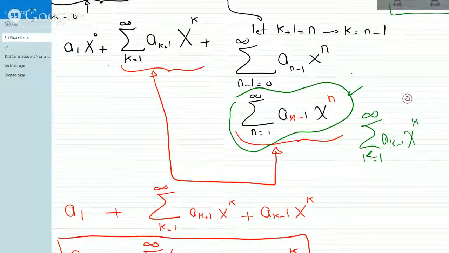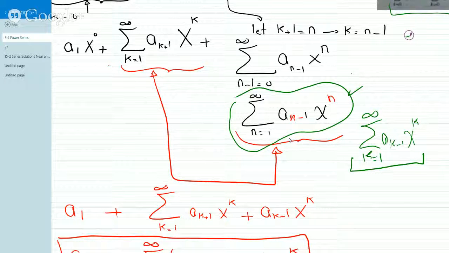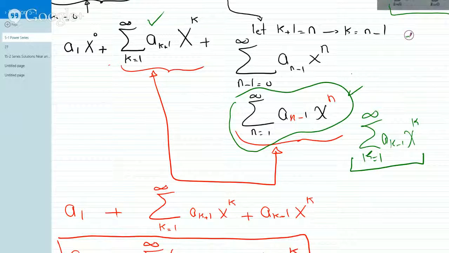Equally convenient is the fact that both of the x's now have the same power, because this green series, n being a dummy variable, I can just take it out and replace it with another k. So now I have another series starting at 1 going to infinity of a of k minus 1 x to the k, which is equivalent to this one right here, a of k plus 1 x to the k, starting at 1 going to infinity, aside from the fact that they have different coefficients.